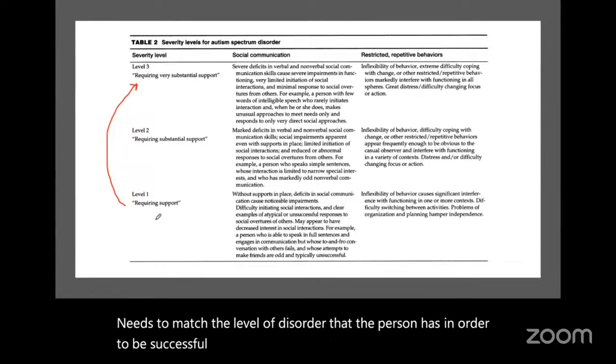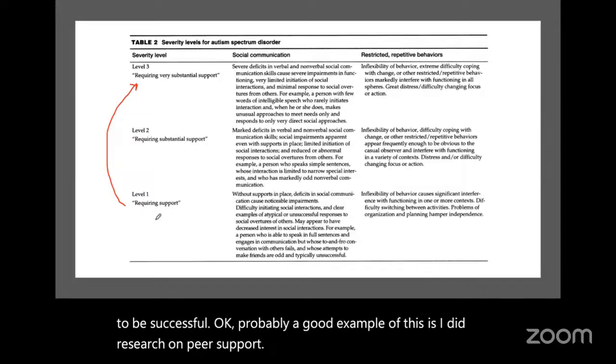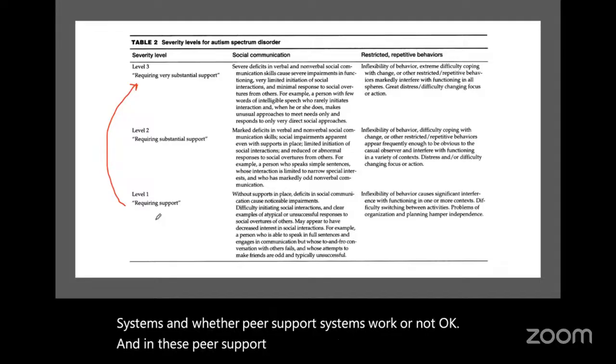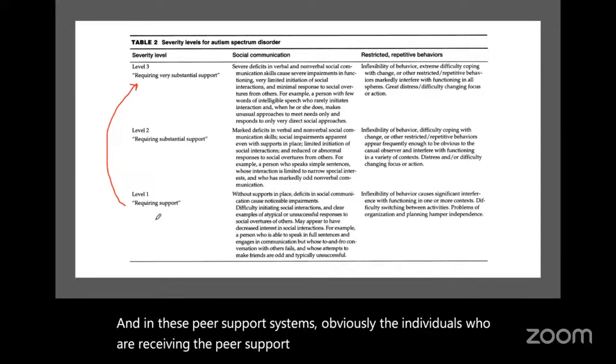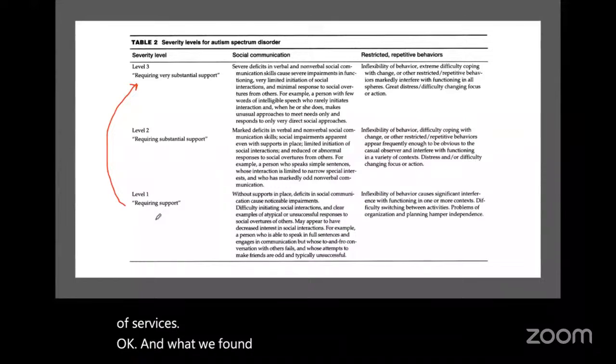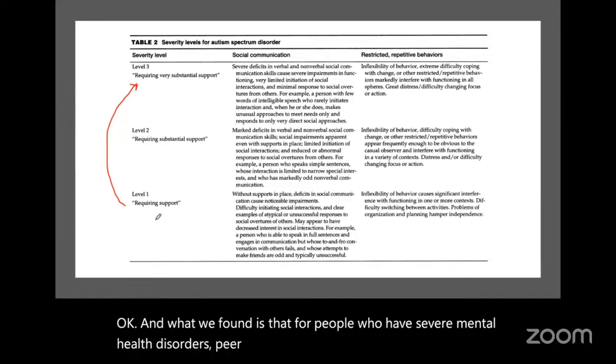Okay. Probably a good example of this is research I did on peer support systems and whether they work or not. In these systems, the individuals receiving peer support are usually also receiving a lot of services. What we found is that for people with severe mental health disorders, peer support programs work wonderfully.